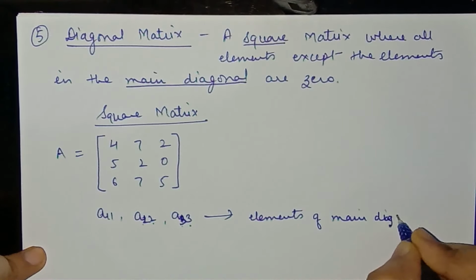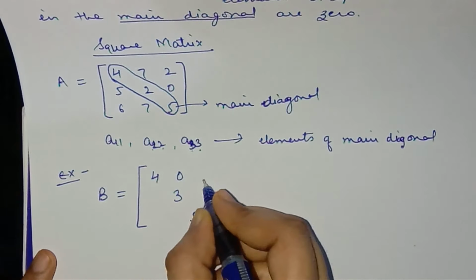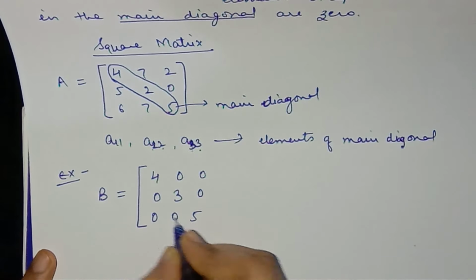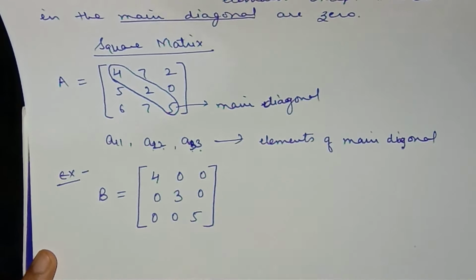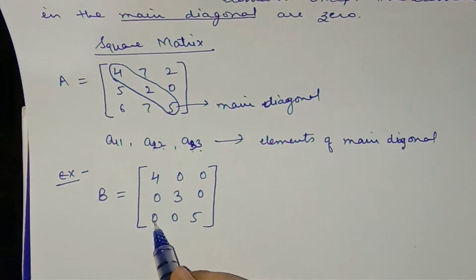The elements in the main diagonal should be non-zero, or any one or two elements can be equal to 0 also, but the elements other than the elements in the main diagonal should all be equal to 0. So here the focus should be on the elements that appear outside this main diagonal. As you can see, all the elements outside the main diagonal are 0.